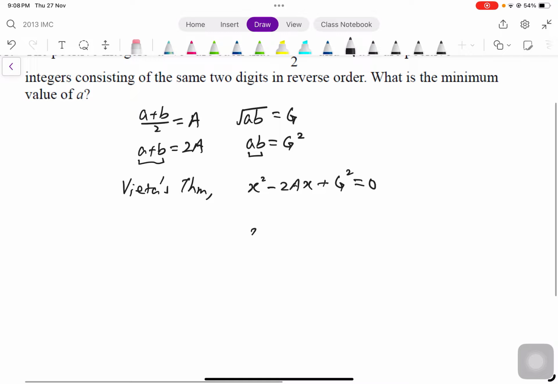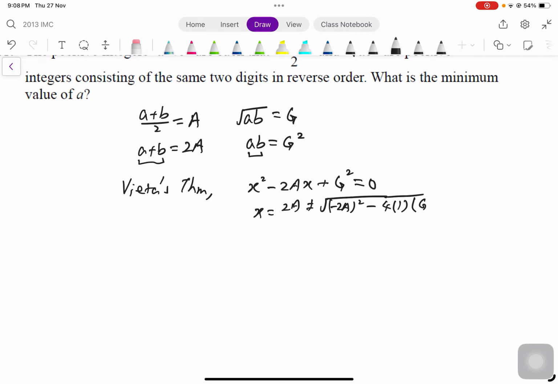That means x is equal to negative of negative 2a, so you get 2a plus or minus the square root of negative 2a, bracket squared, minus 4 times g squared, divided by 2 times 1.